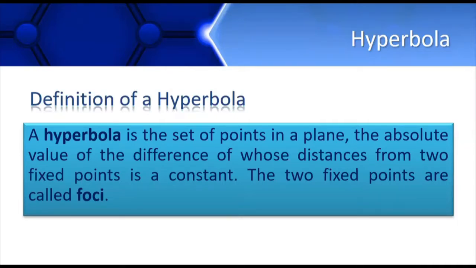Kagaya ng sa ellipse, merong two fixed points. Kaya lang, ang pagkakaiba lang sa ellipse, kasi sa ellipse ay the sum of distances. Dito naman, ang kukuhanin natin ay the difference of distances, then it is a constant. Yung two fixed points na binabanggit dito, yun yung tinatawag nating foci.